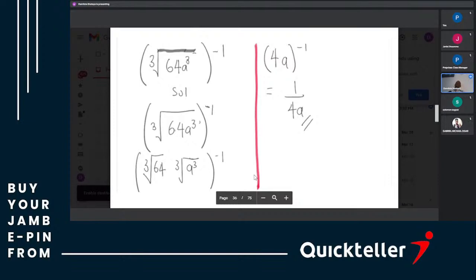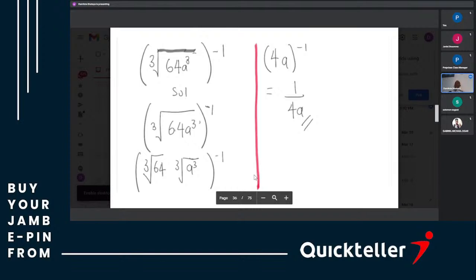Now, what is the third root of 64? That means what number times itself 3 times will give me 64. 2 times 2 times 2 is 8. 3 times 3 times 3 is 27. 4 times 4 times 4 is 64. Then the third root of A raised to power 3: power and root, when they are the same number, they will just cancel each other.